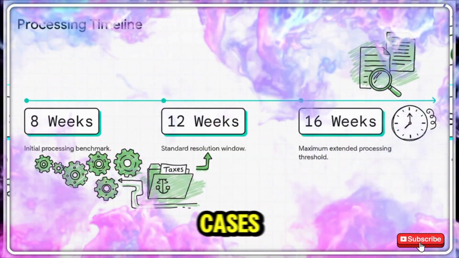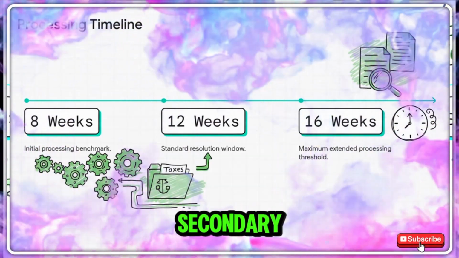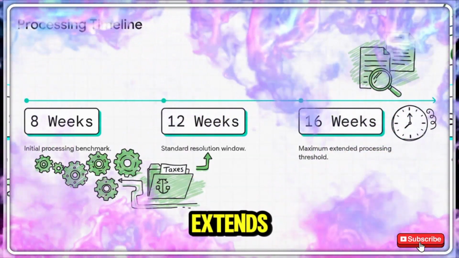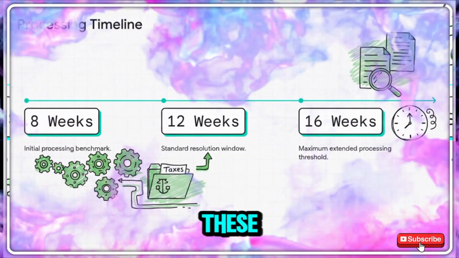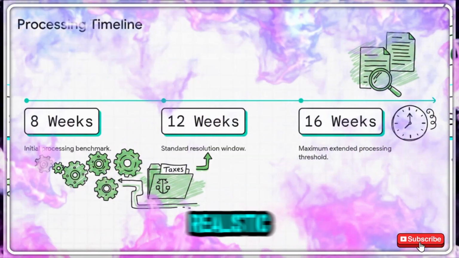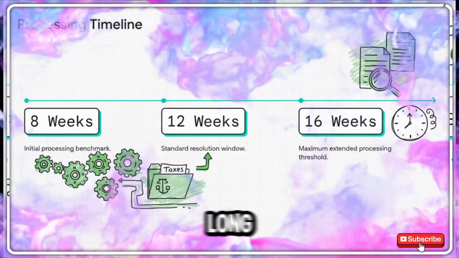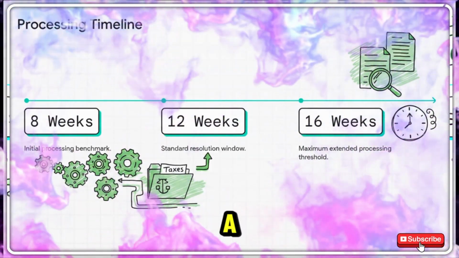And in cases where your delta requires complex verification, or if it triggers a secondary review, the process extends to a maximum threshold of 16 weeks. Understanding these rigid intervals is great because it prevents panic and sets clinical, realistic expectations for how long this bureaucratic machinery actually takes to digest and approve a retroactive change.